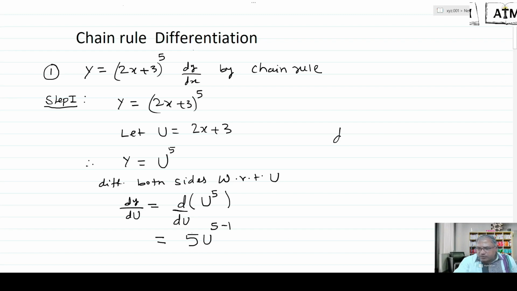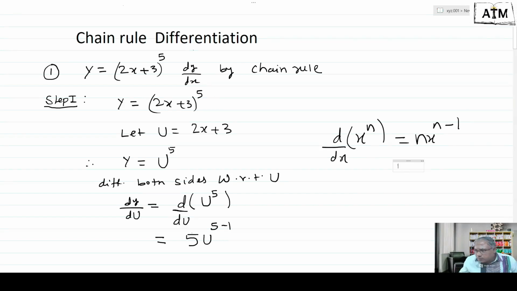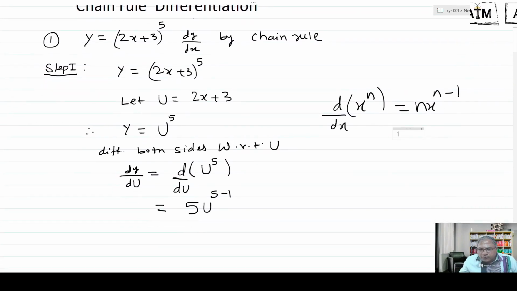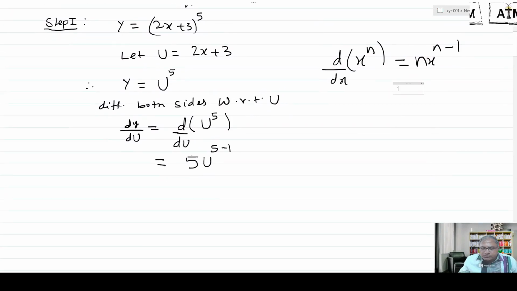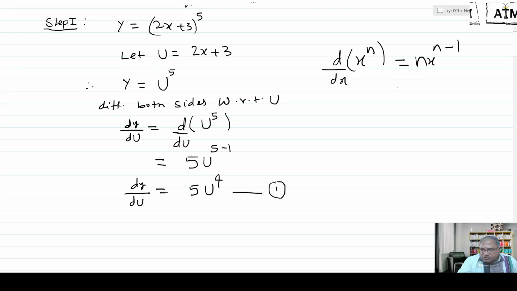I want to recall for you: differentiation of x raised to n with respect to x equals nx raised to n minus 1. Therefore, the derivative of u raised to 5 is 5u raised to 5 minus 1, that is equal to 5u raised to 4. This is dy by du, and let us call it equation number 1.